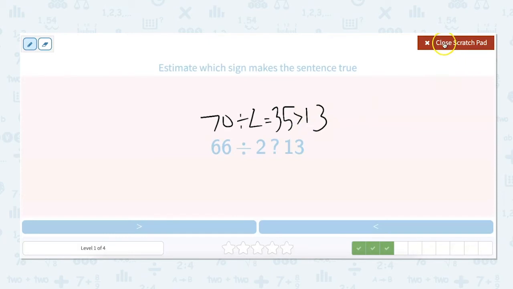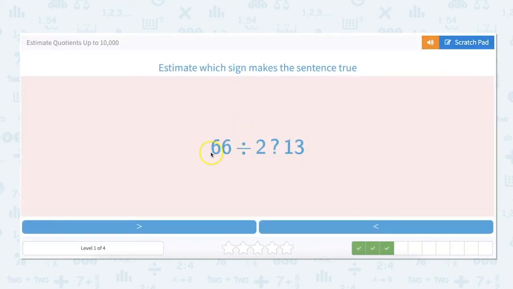And we could kind of know that one without doing the actual math, because 66 is a pretty big number that we know if we cut it in half, it's going to be in its 30s. So it's definitely going to be bigger than 13. We could also always use our number sense to kind of answer questions when it comes to estimating.